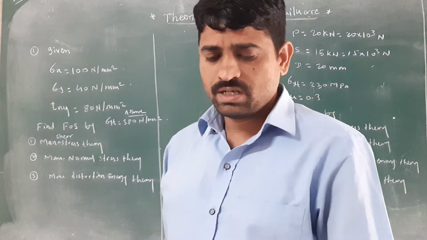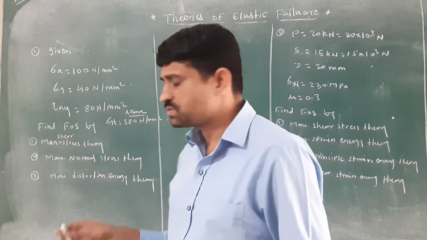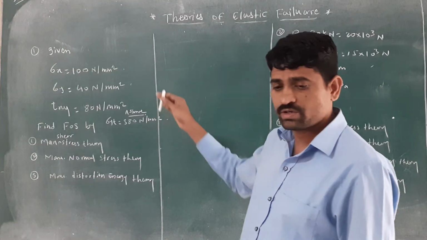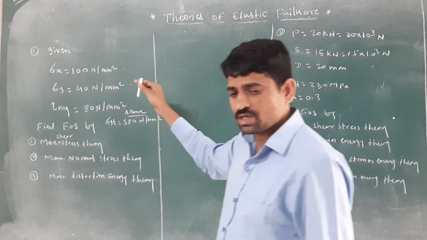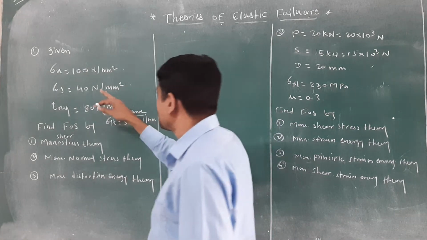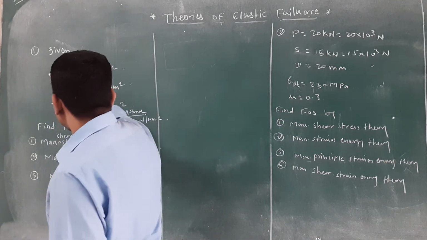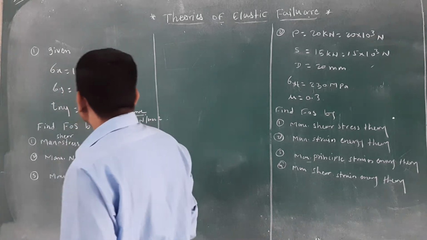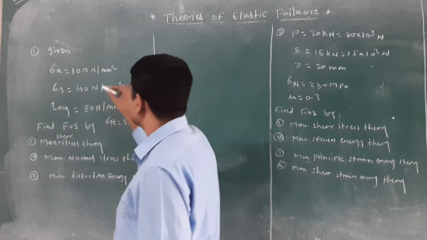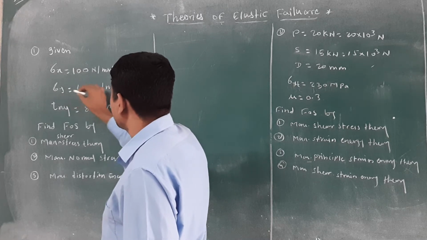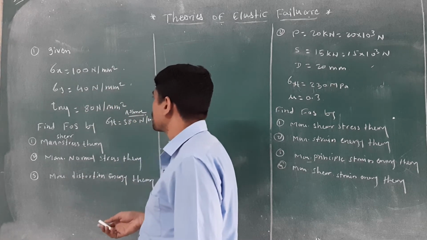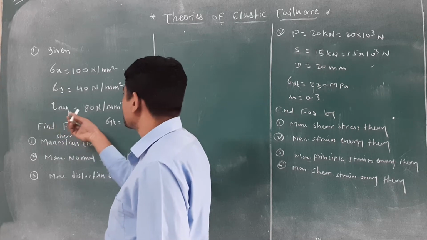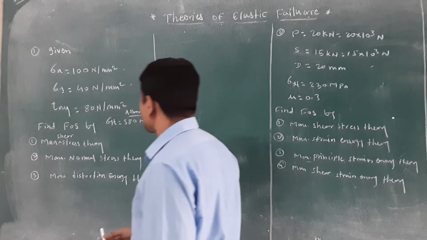We are given the stress induced at the critical point in a steel machine component. Sigma x is equal to 100 Newton per mm square, sigma y is equal to 40 Newton per mm square, and the shear stress induced is 80 Newton per mm square.